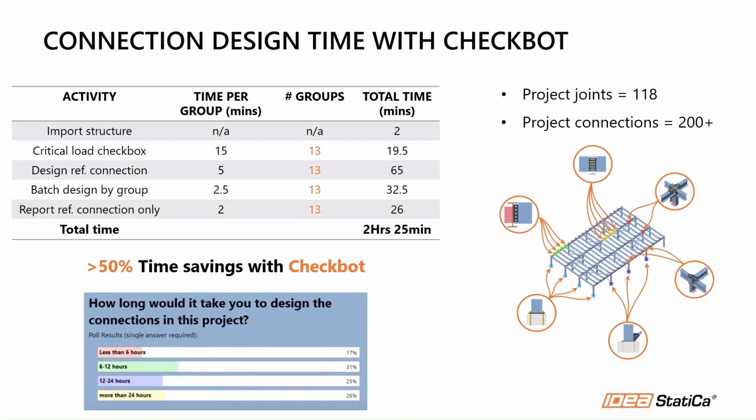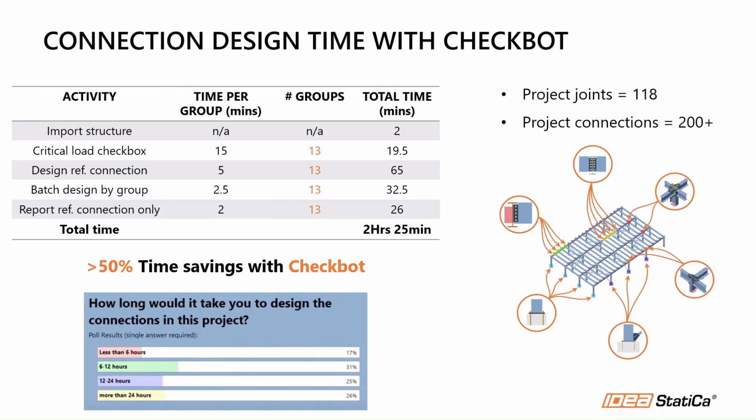Now the table on the top left corner shows the different activities that we had to perform for this project, such as importing the structure, designing the reference connection, and batch designing the groups. We listed all of them and showed the total time. Based on our time, it took just under 2.5 hours for a project with 118 joins.